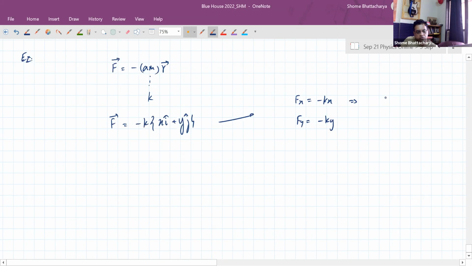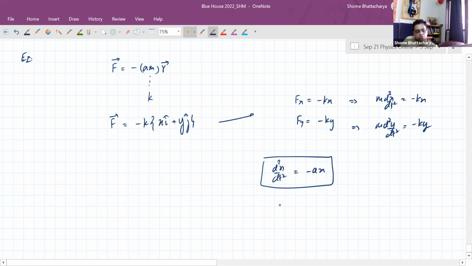Or we have m d2x by dt square is equal to minus Kx and m d2y by dt square is equal to minus Ky. So from the first equation, you will see that d2x by dt square is equal to minus ax, and d2y by dt square is equal to minus ay.